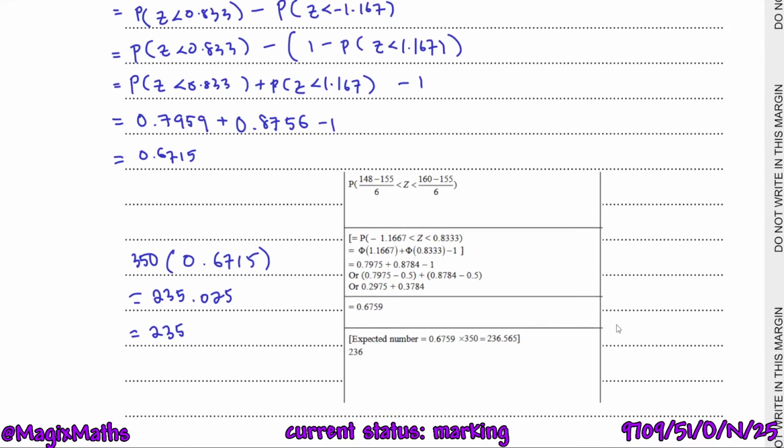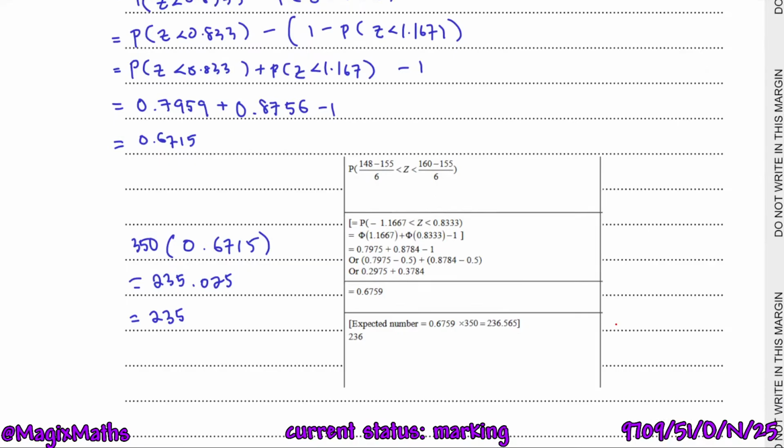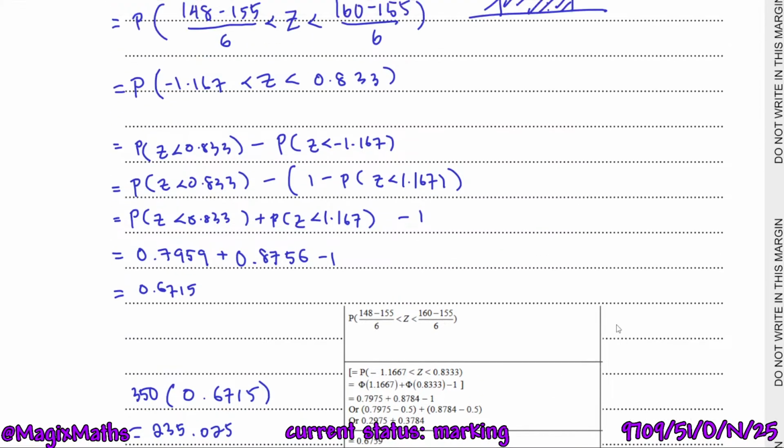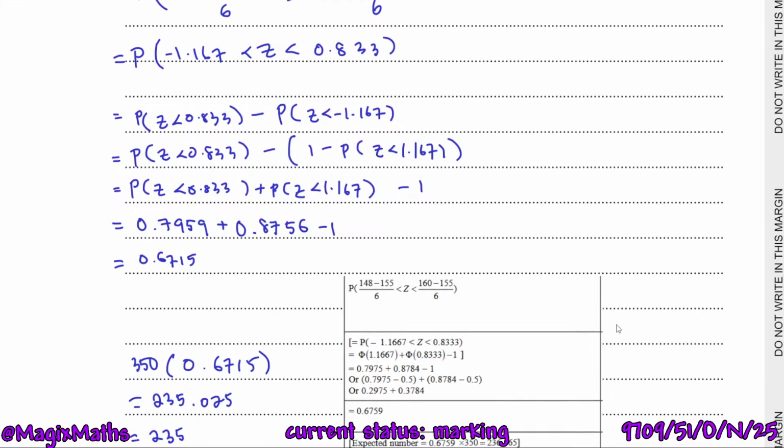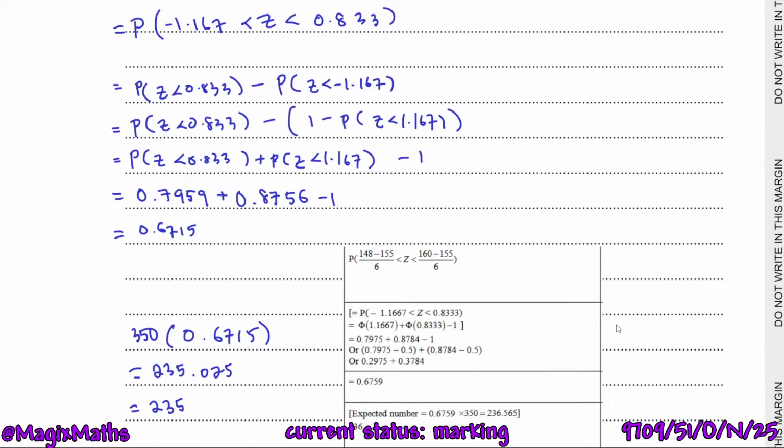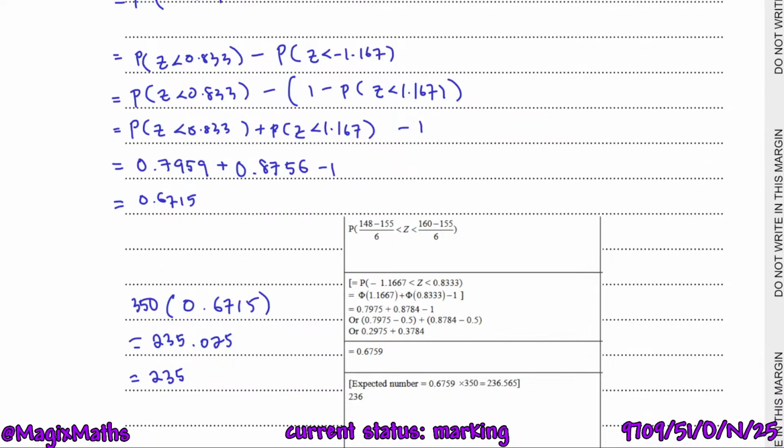So what happened here? We are making more and more mistakes, it appears. 0.8. Why is it 7975?